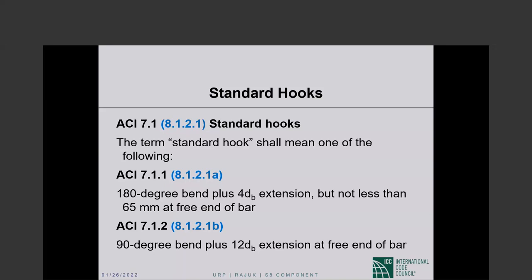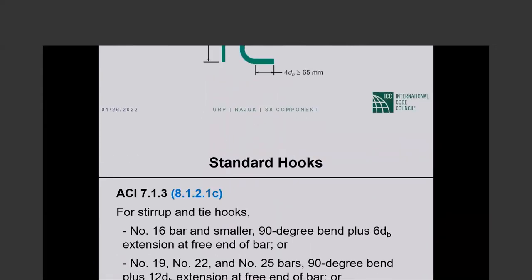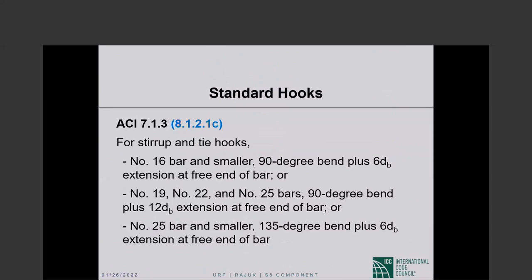This is a standard hook, or a standard hook can be a 90-degree bend plus 12-bar diameter extension at the free end of the bar. Okay, so 90-degree with 12-bar diameter extension, or a 180-degree with 4-bar diameter extension, but the 4-bar diameter shall not be any less than 65 millimeters. So both are standard hooks according to ACI 318.